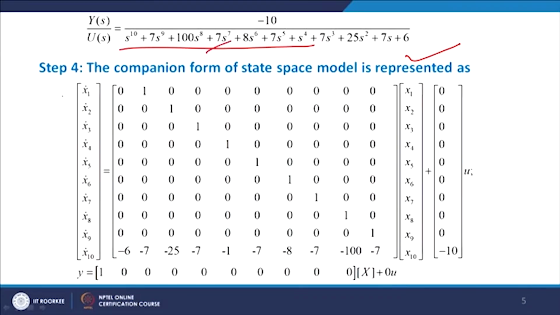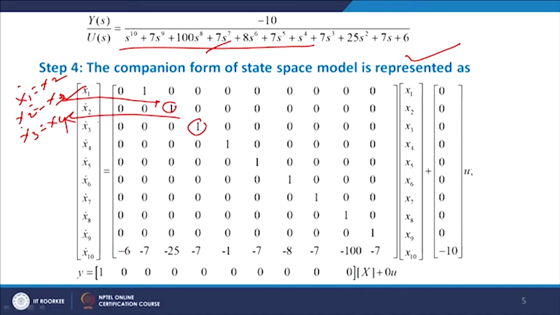We write x1 dot equal to x2, that is why it is written as 0 1. Then x2 dot equal to x3, so we get 0 0 1, where this element 1 corresponds to x3. Then x3 dot equal to x4, so 1 corresponds to x4.